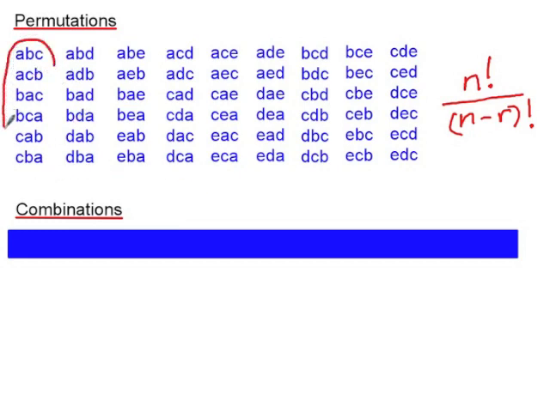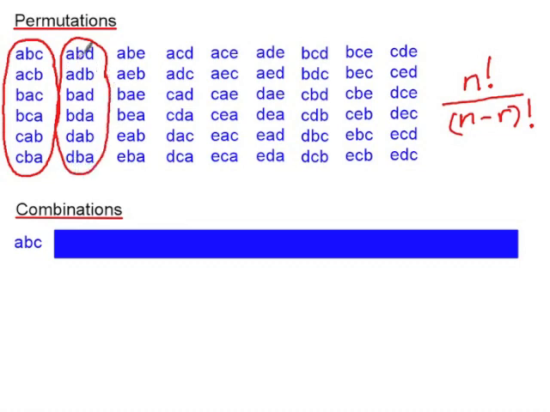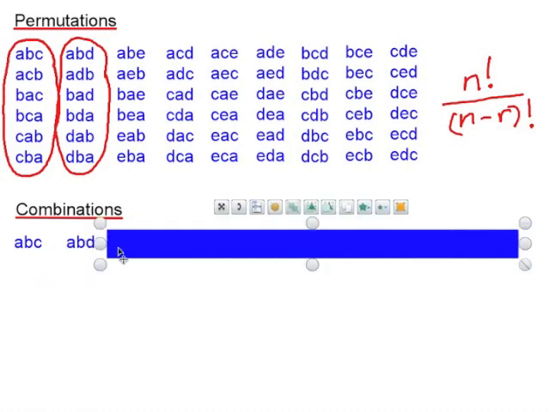So this group here contains all the different permutations containing the letters A, B and C. Now that would be considered as one combination of the 3 letters. So that would be my first combination, A, B, C. I've got another group of 6 that contains all the permutations of the letters A, B, D, and again that would be one combination of those 3 letters.